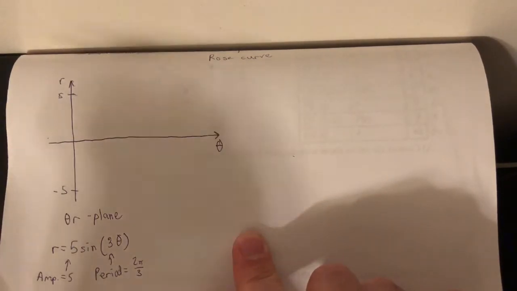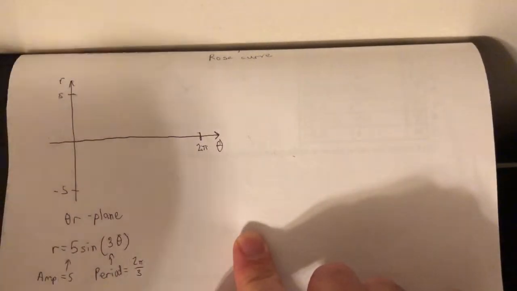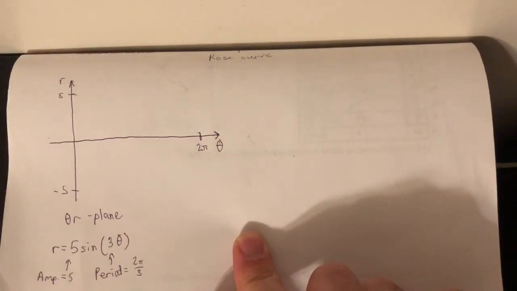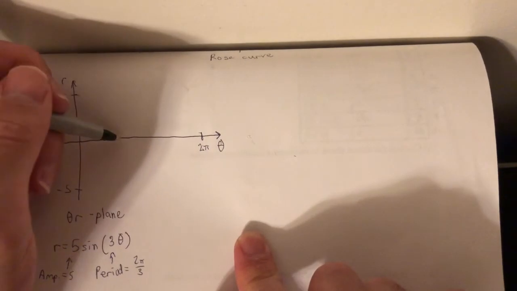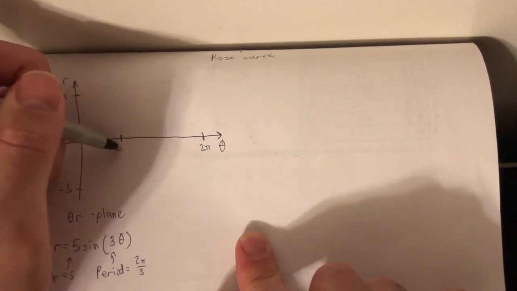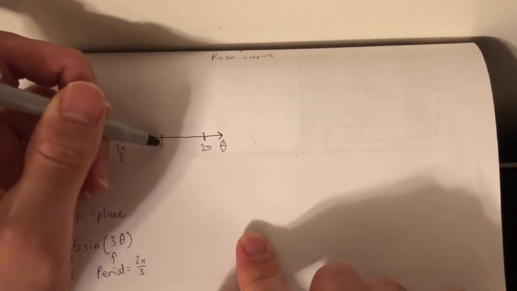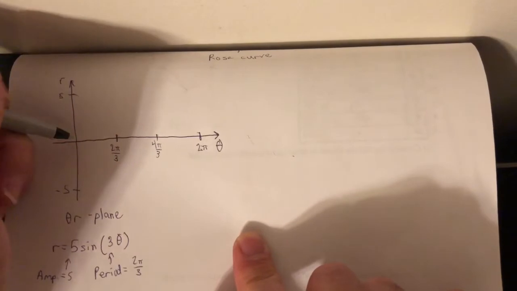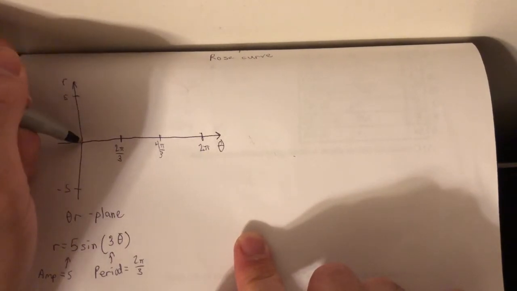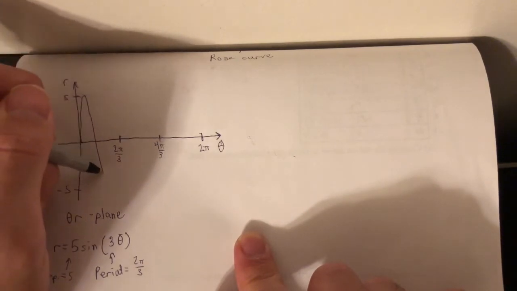So if I look from theta equals 0 to 2 pi, I'm actually going to have 3 full periods of my graph. So if I just sketch out 2 pi over 3 and 4 pi over 3, I'm actually going to get 3 full periods of my sine graph.